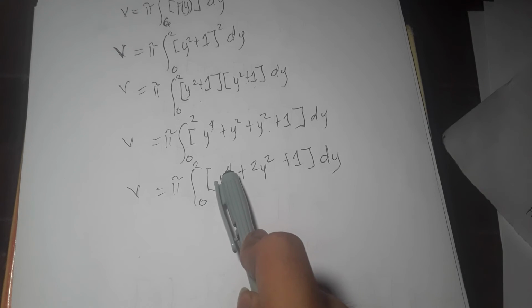So for now, we can get the integral of this function. So what is the integral of y to the fourth and then 2y squared and then plus 1?